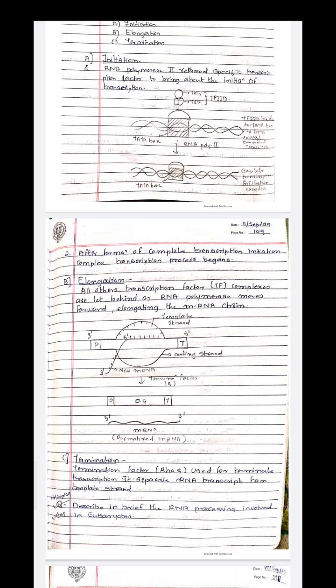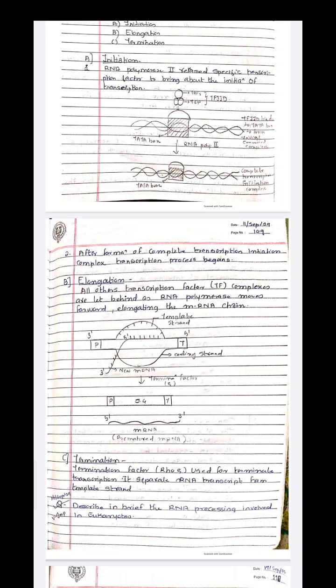So this is the transcription in eukaryotes. There is only a difference in the initiation stage between prokaryotes and eukaryotes. बाकी जो elongation और termination process है, this will be the same in prokaryotic and eukaryotic cells.